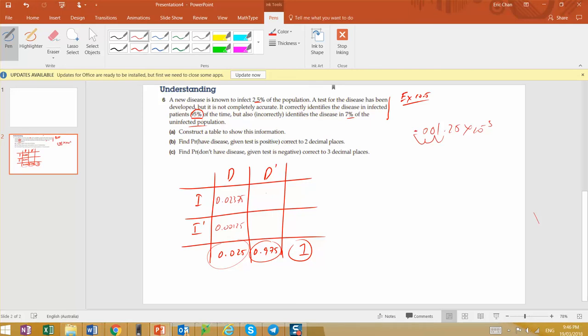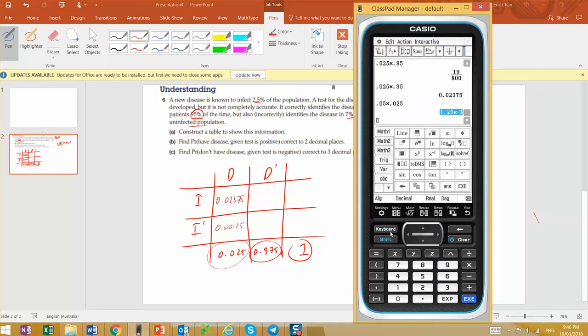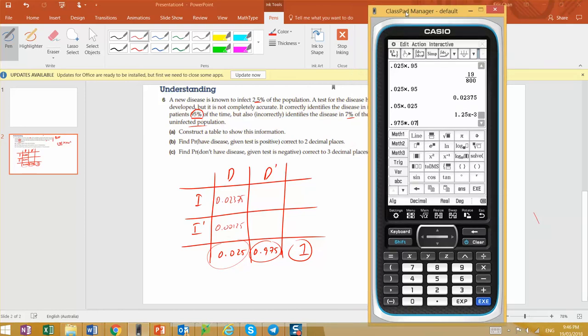So it's over here. They don't have the disease, but it's saying they're infected. So you literally go 0.975 times 0.07. 7% is 0.07. So 0.06825.